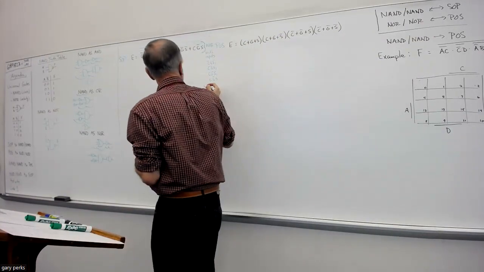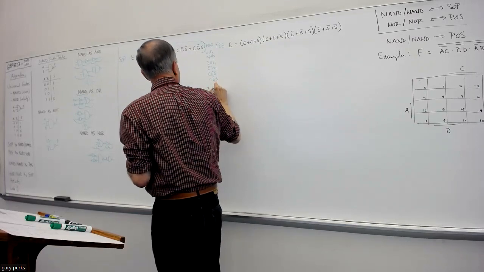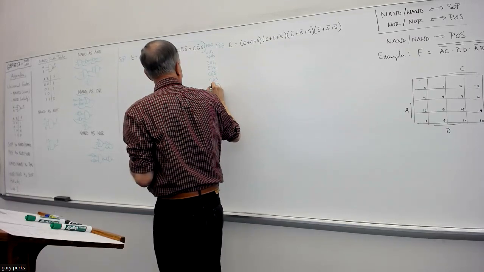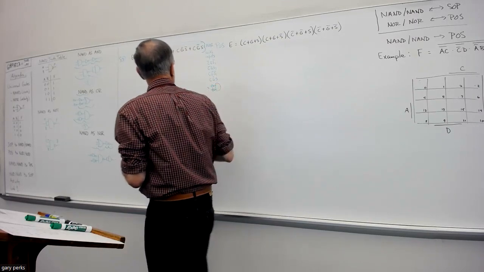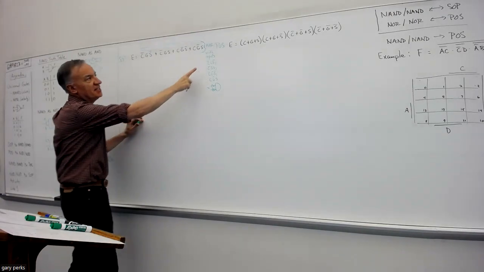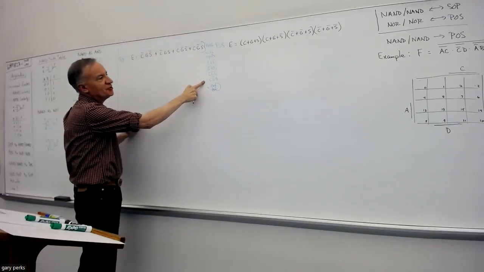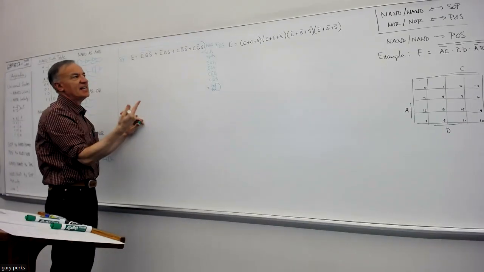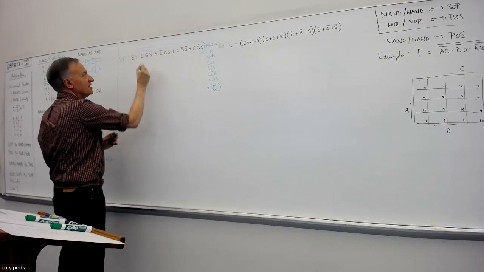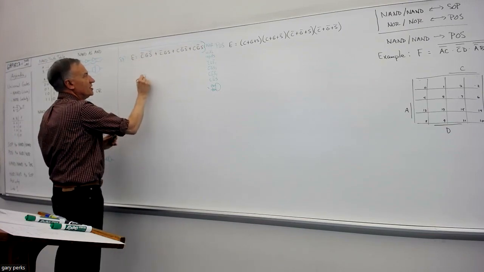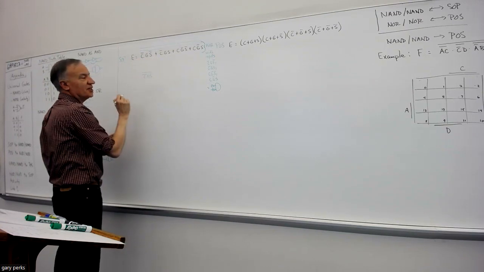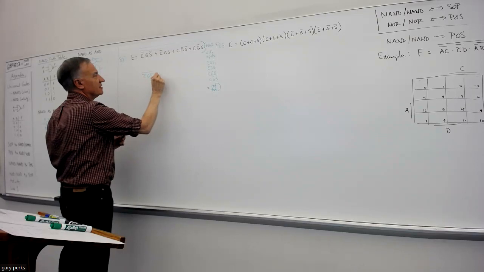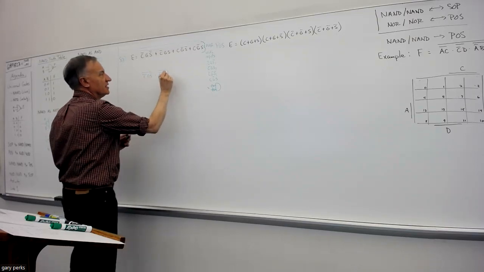So this is equal to an AND with inverted inputs. We're going to take each one of these inputs of the NOR, invert it, and then AND it. I'm going to take this input, invert it, and then AND it. This input, inverted, and AND it.